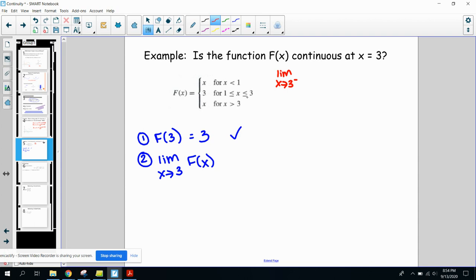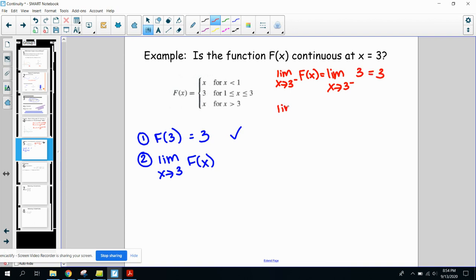If it's getting closer and closer to 3 from the left-hand side, that's going to be this function. So the limit as x approaches 3 from the left of f of x, using the middle function, is going to equal 3.